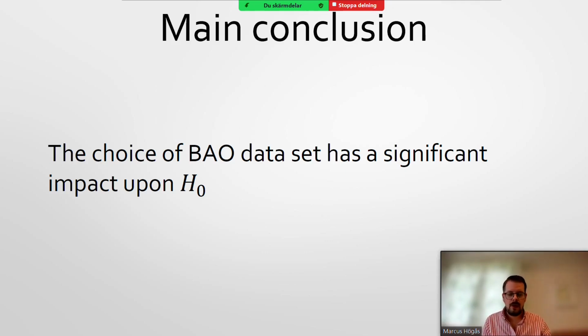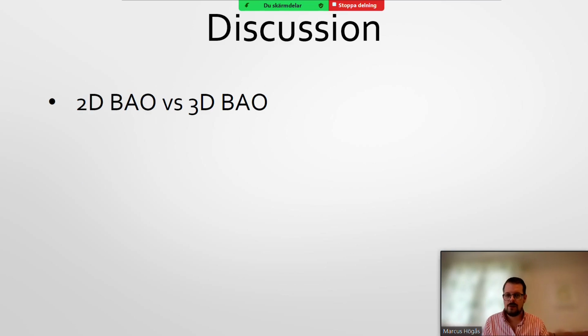So which of the data sets should we use then? 2D BAO or 3D BAO? Well, in the context of a modified expansion history, as here, of course the safest and most conservative choice would be 2D BAO, since it does not assume a lambda CDM cosmology, which is indeed contrary to the kind of cosmology that we are analyzing here, right?